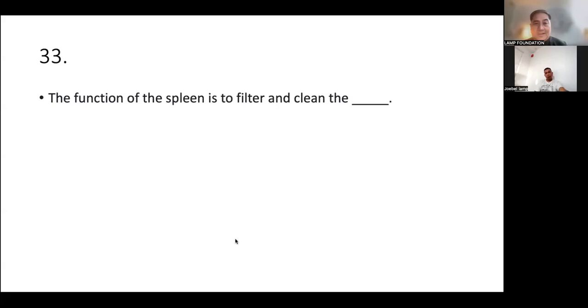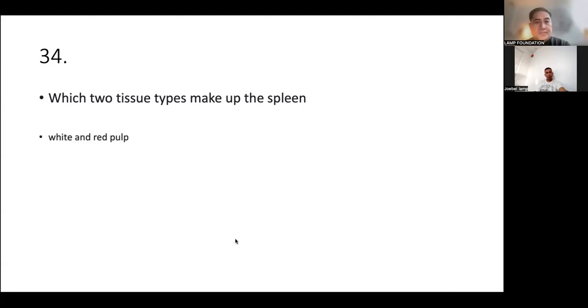In TCM, it's another. The function of the spleen is to filter and clean the blank. The blood. Which two tissue types make up the spleen? The white and red pulp.